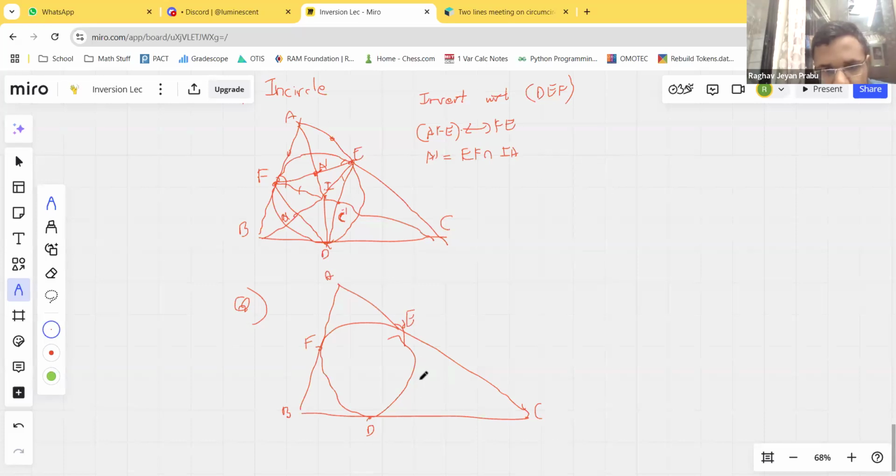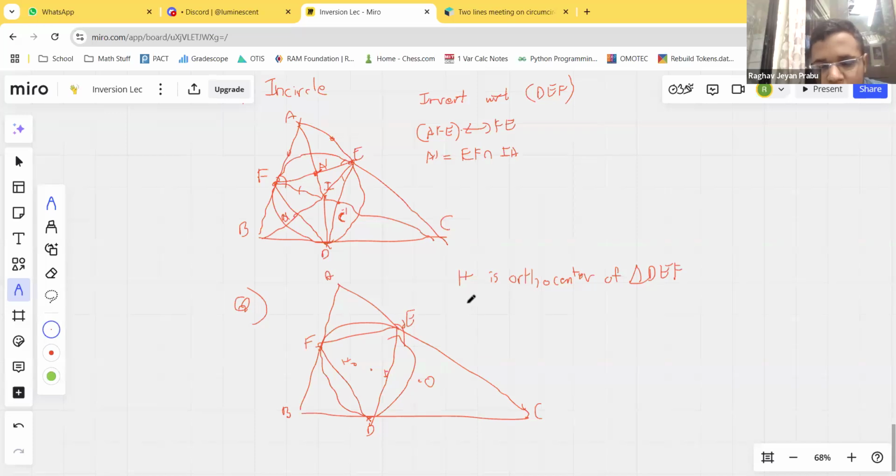Let the circumcenter be O, the center of the incircle be I, and let H be the orthocenter of triangle DEF.